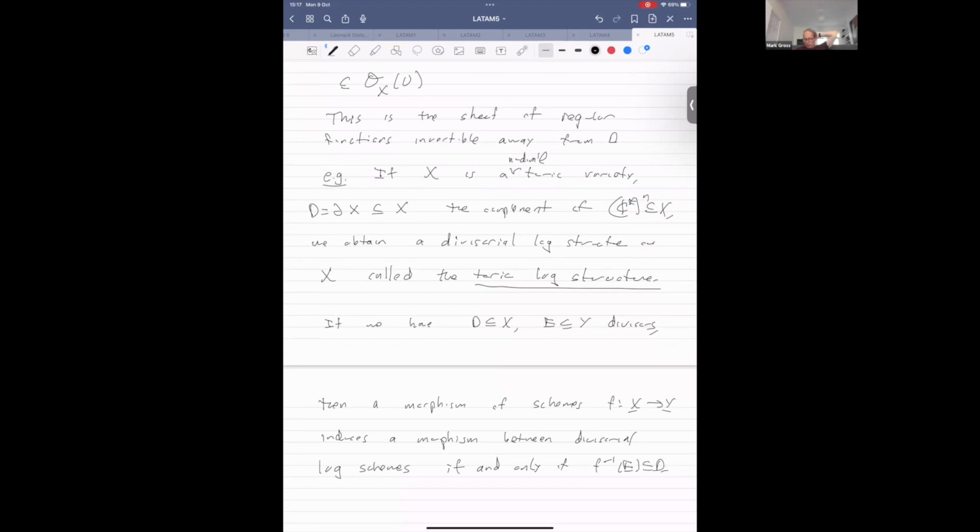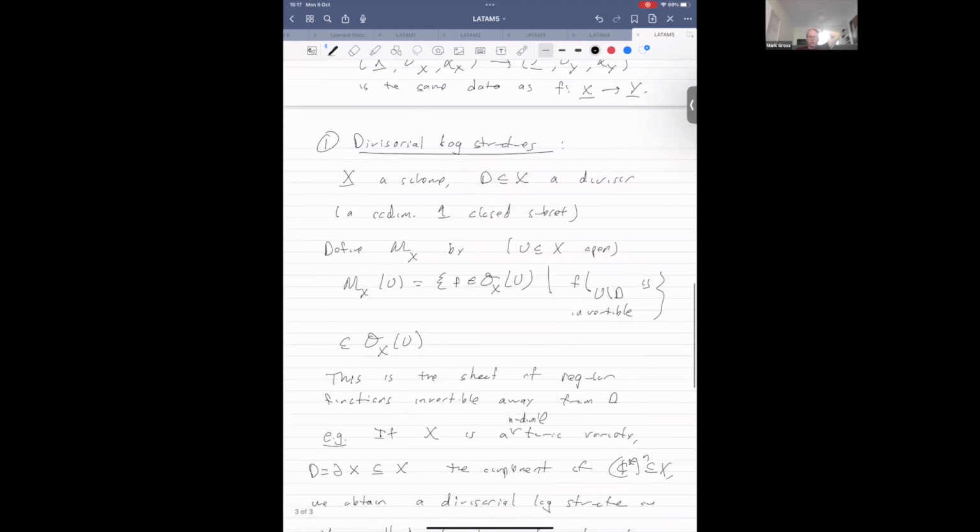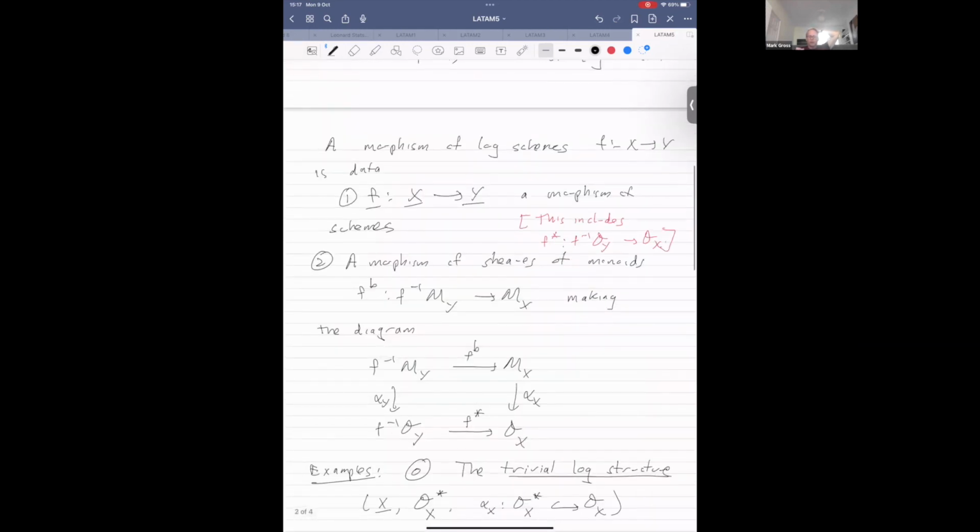So this is very similar to the statement that a morphism between trivial log schemes is the same as a morphism between the underlying schemes. Let's think about what we need. Again, in the divisorial log structure case, this is always a subsheaf of this. So to define F flat to be compatible with F star, we just need to know that F star takes elements of this to elements of this.